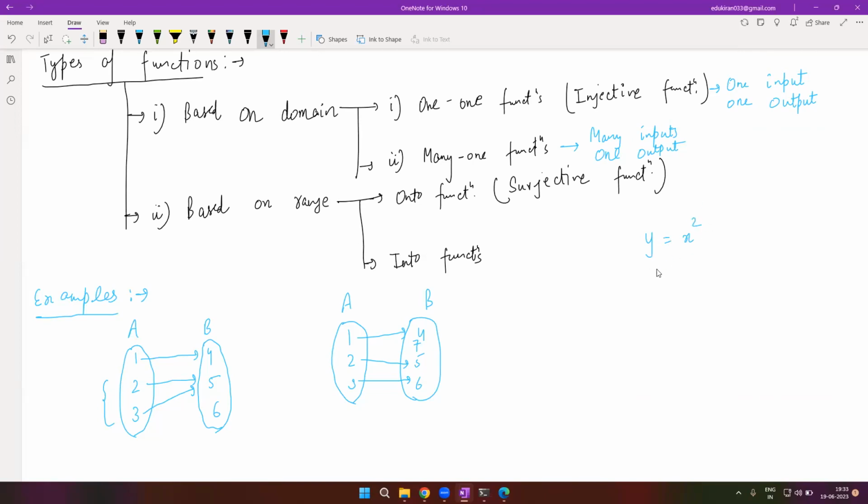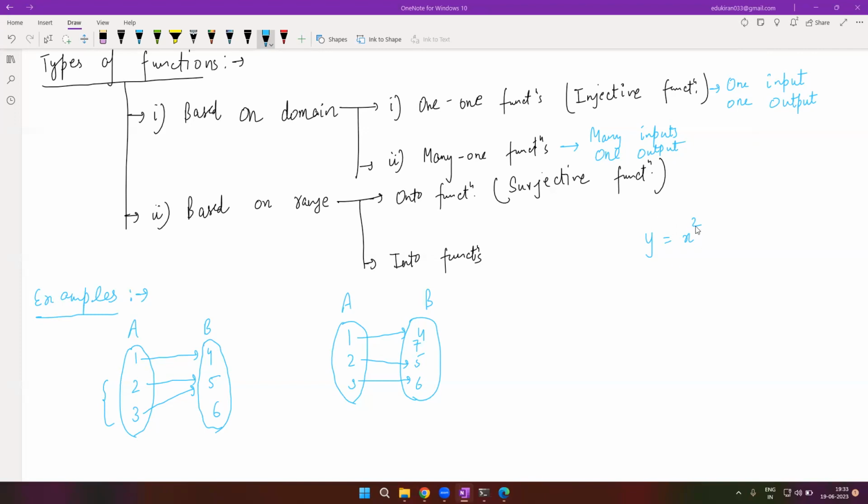Is this function one-one or many-one? How will you identify for this? y equals x square. Try to give two values, try to find out whether two or more values are giving us the same output.